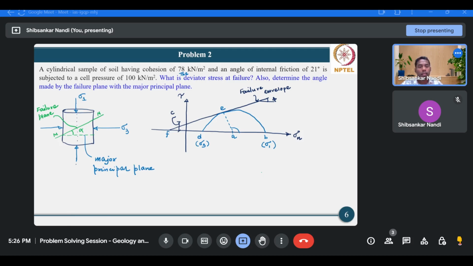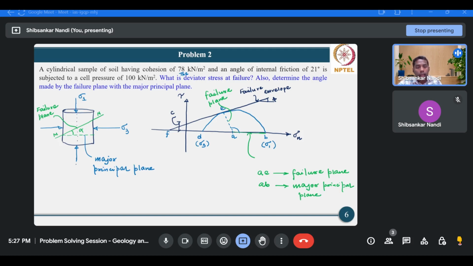This AE is the failure plane, and this AB, since B is sigma 1 and sigma 1 is acting on this plane, is the major principal plane.